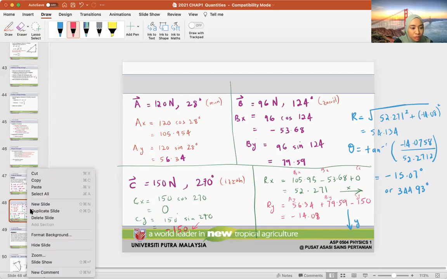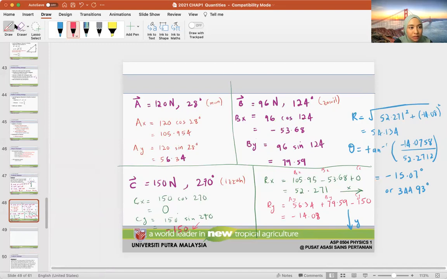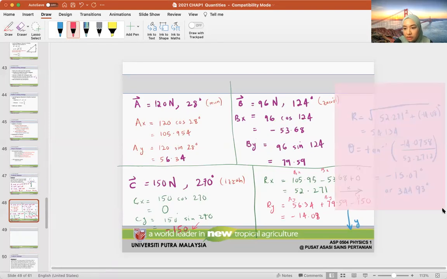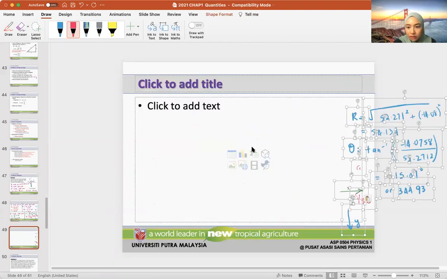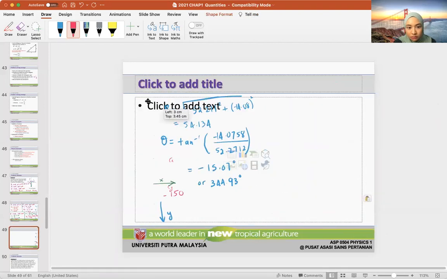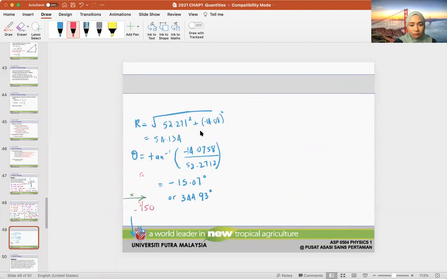I think I should go to a new slide. Okay, kita copy this part over here because kita dah tahu jawapan dia. Copy. Okay. So now I have this over here.